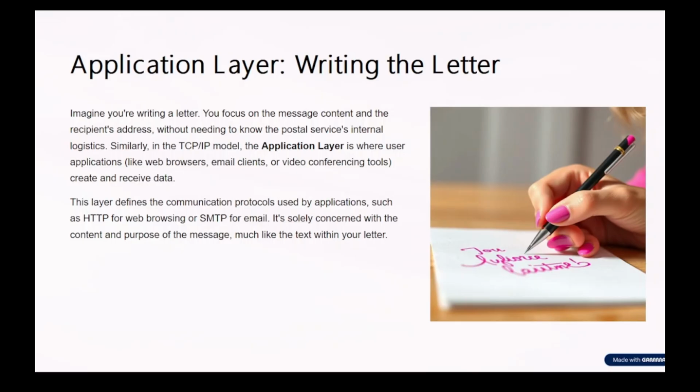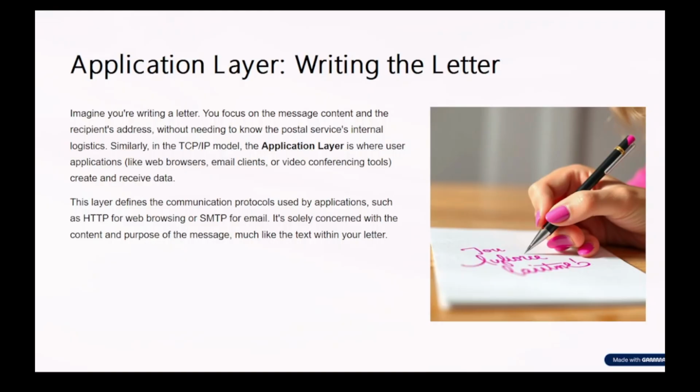Imagine you're writing a letter. You focus on the message content and the recipient's address without needing to know the postal service's internal logistics. Similarly, in the TCP/IP model, the application layer is where user applications like the web browser, email client, or video conferencing tool create and receive data.